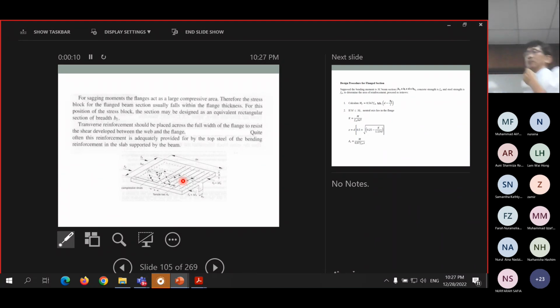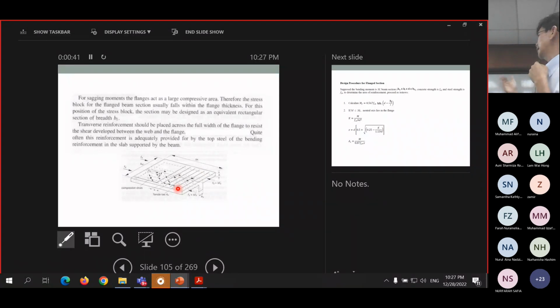Now, class, the transverse shear is the shear acting between the intersection of the web and the flange, represented by this arrow here. This happens in flange sections, and we need to provide shear reinforcement in these directions to resist that transverse shear.